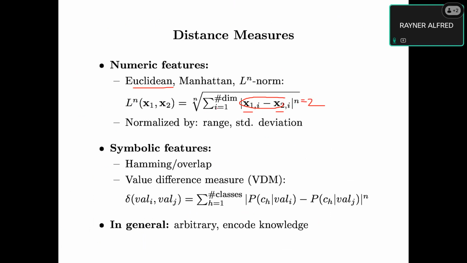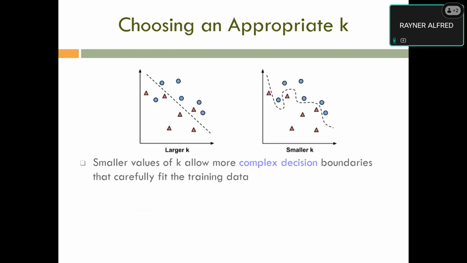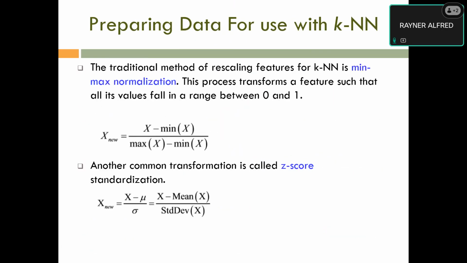Before we compute the distance, we can also normalize our data by using range or standard deviation. This is the normalization in which we try to have features that do not bias the data set.